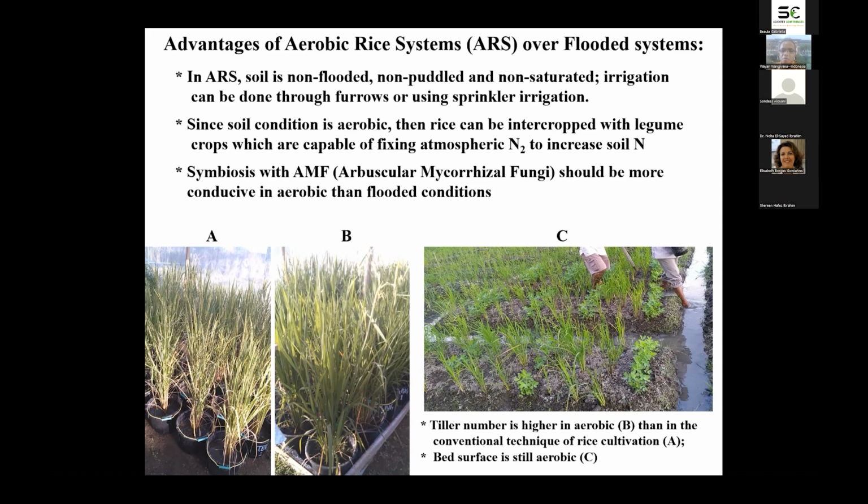Therefore, we can grow legume crops here, like in this case peanut, in alternating rows with rice, or soybean with rice, red rice, and we found that this technique of growing rice increases rice production. Also, I'll show you that this practice also increases anthocyanin content of the red rice.